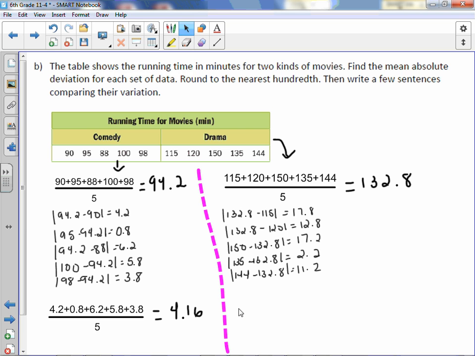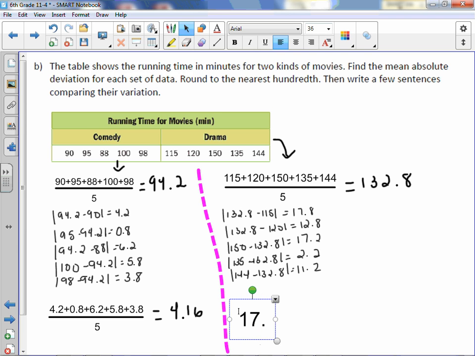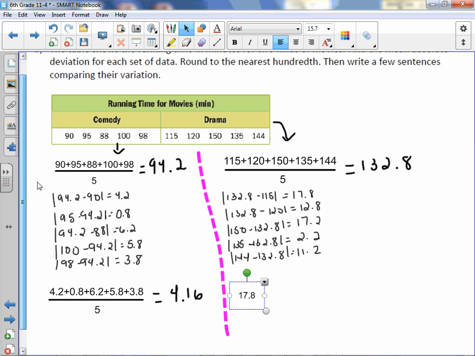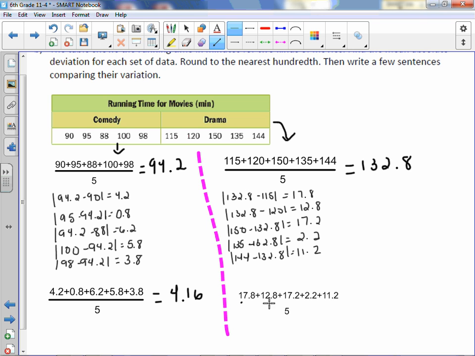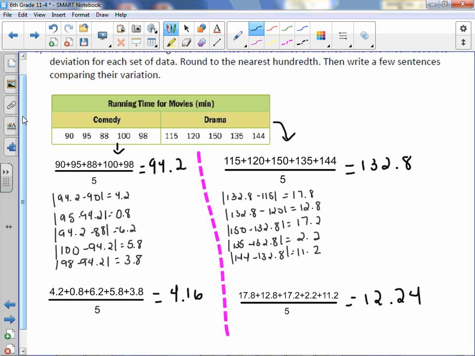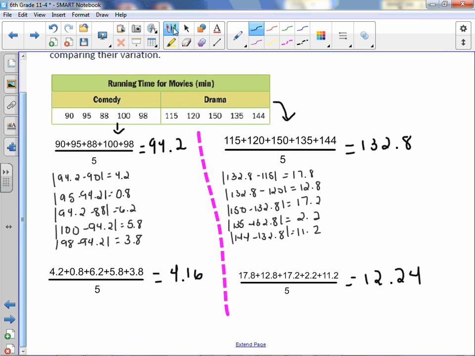Let's find the average of these values. 17.8 plus 12.8 plus 17.2 plus 2.2 plus 11.2 divided by 5. And the mean absolute deviation is 12.24. So let's write a few sentences comparing them.